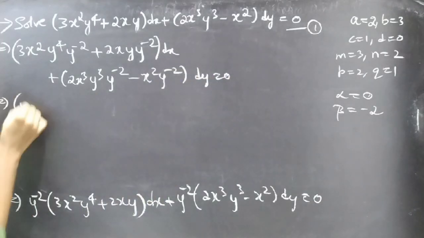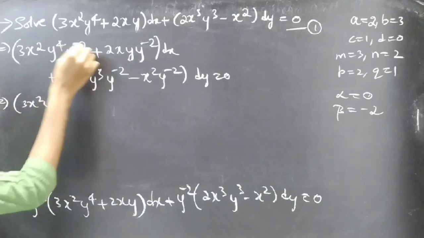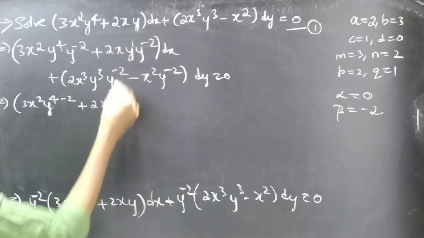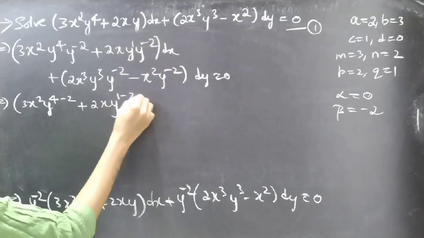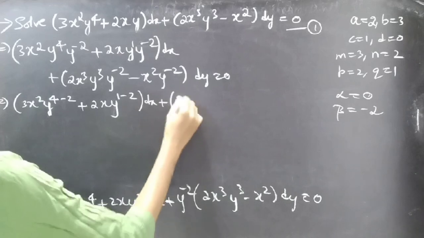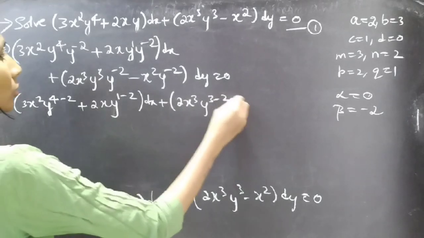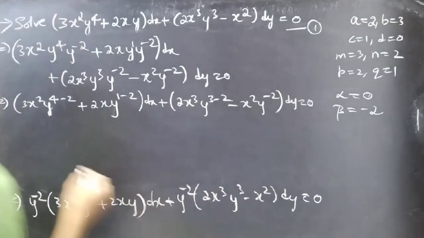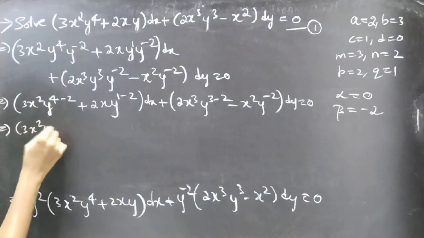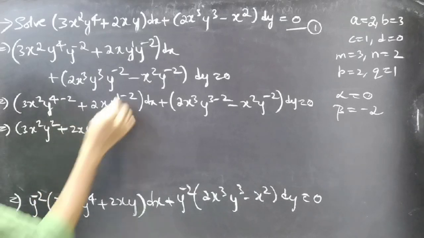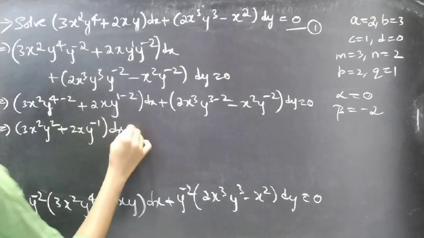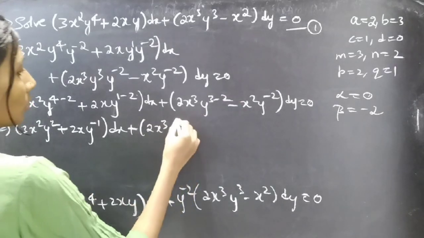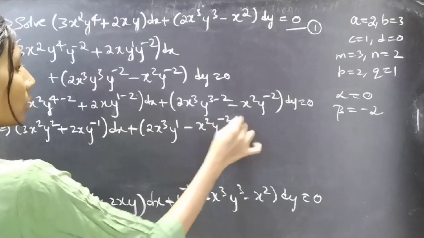Or we can write this as 3x square, add the powers, you'll get 4 minus 2 plus 2xy. Here you are having power 1 minus 2, add the powers into dx plus 2x cube y power 3 minus 2 minus x square y power minus 2 into dy equal to 0. And this will get 3x square y square plus 2x y power 1 minus 2 is minus 1 into dx plus 2x cube y power 3 minus 2 is 1 minus x square y power minus 2 into dy equal to 0.